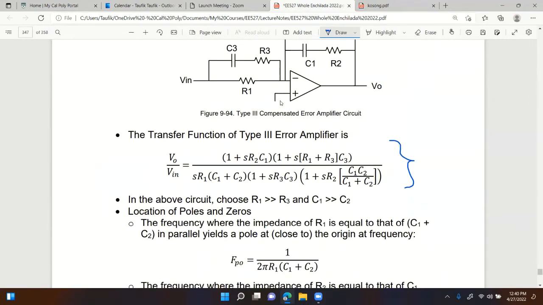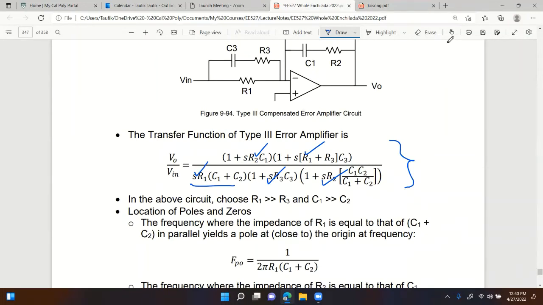You can see we have two finite zeros, one pole at the origin, which is right here, and two finite poles. So two finite zeros, one zero at the origin, and two finite poles, five in total.